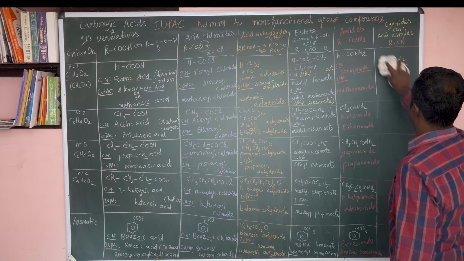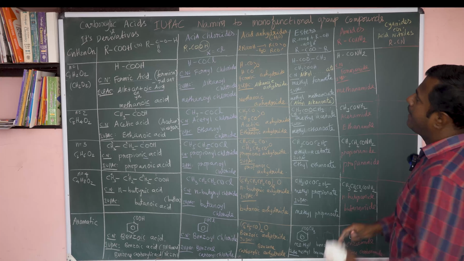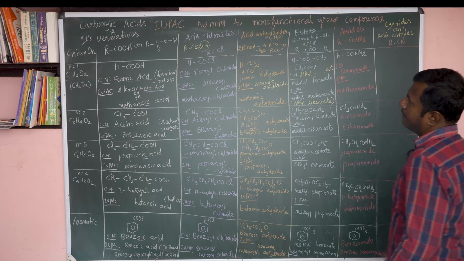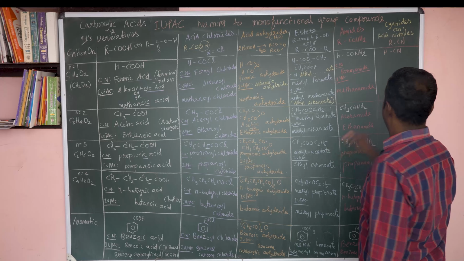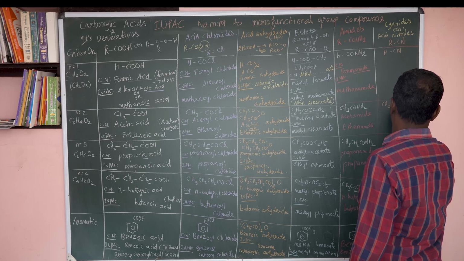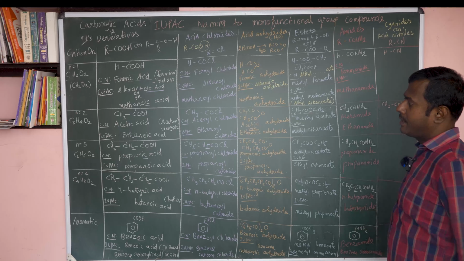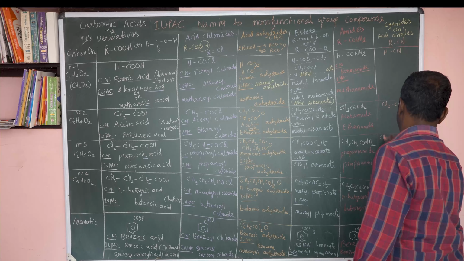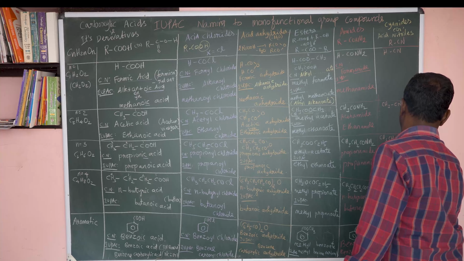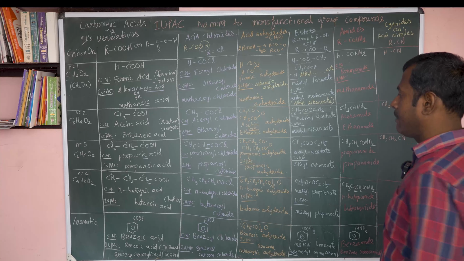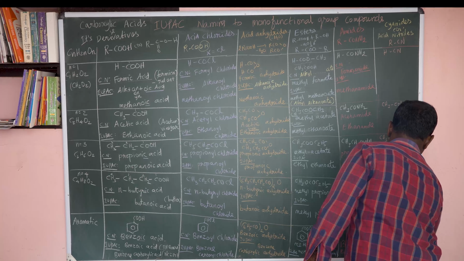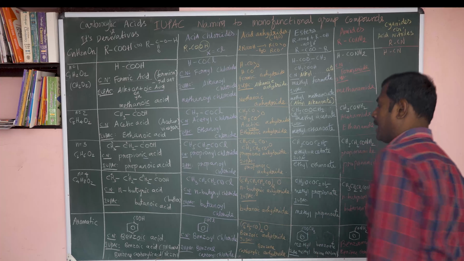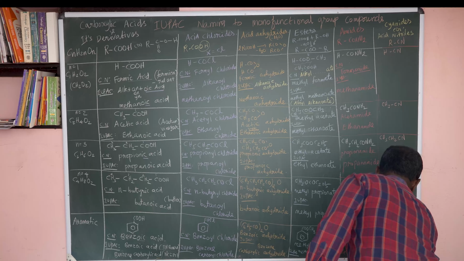So R-CN. The very first cyanide, formed from formic acid, is HCN, and from acetic acid the cyanide is CH3CN, and from propionic acid CH3CH2CN, and from butyric acid CH3CH2CH2CN, and from benzoic acid, benzene with CN.